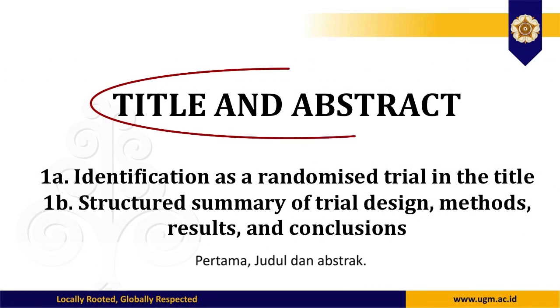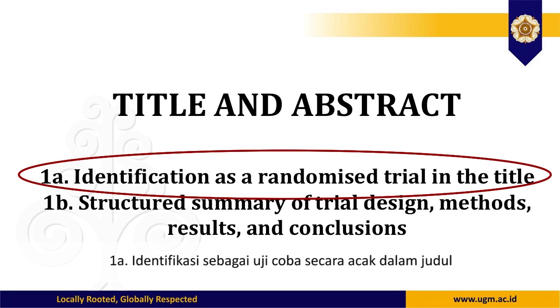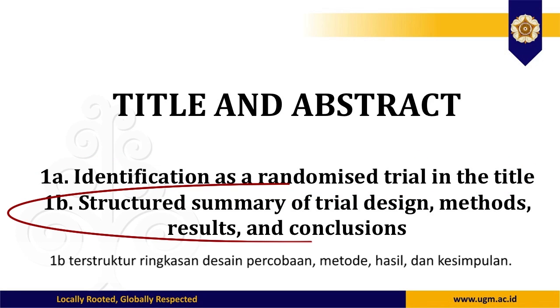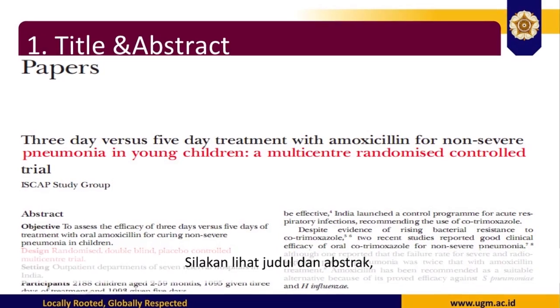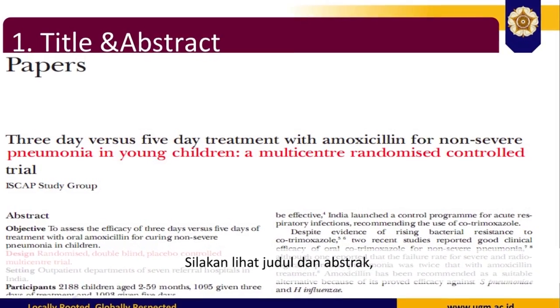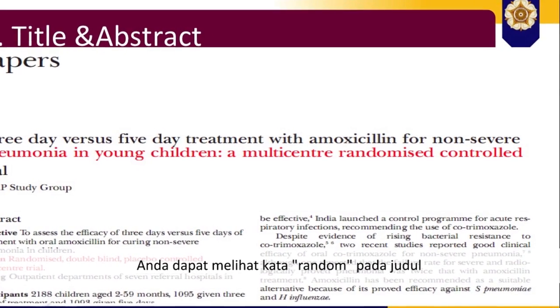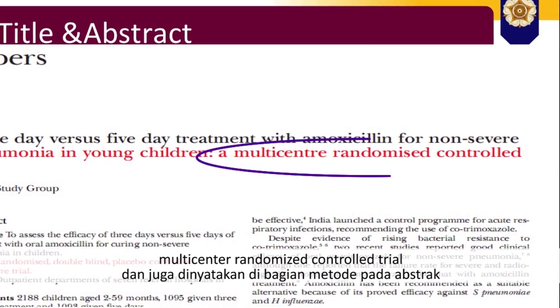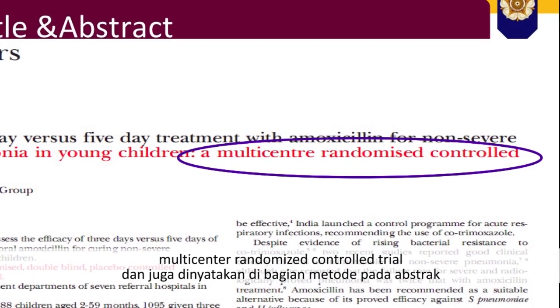First, title and abstract. It consists of 1A, identification as a randomized trial in the title, and 1B, structured summary of trial design, methods, results, and conclusions. For 1A, please see the title and abstract. You can see the word randomized in the title, a multi-center randomized controlled trial, and it is also stated in the methods of the abstract.